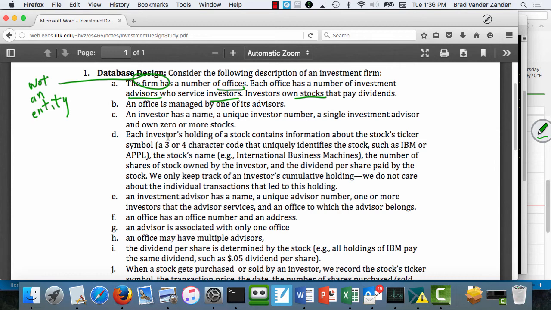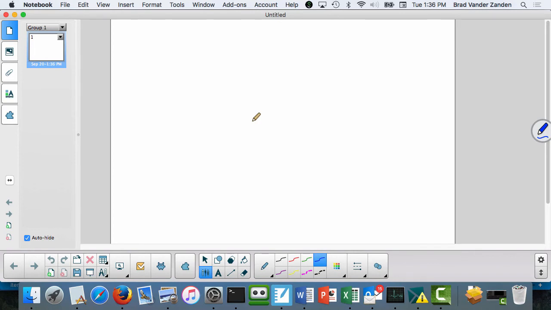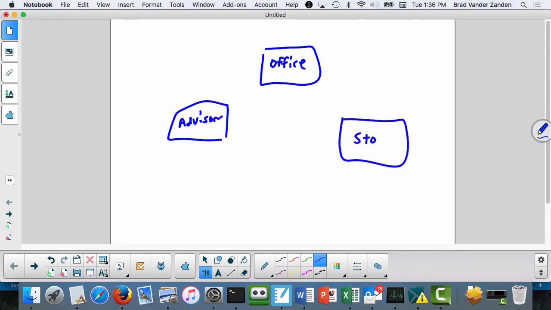Okay. So we know the entities. So if we're drawing this, we know that we have offices, we have advisors, we have stock, and we have investors.